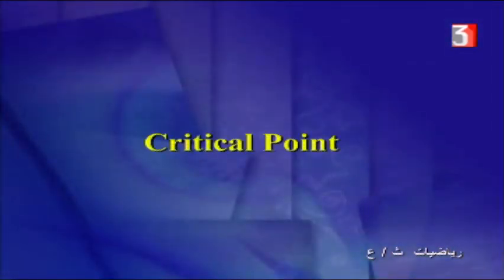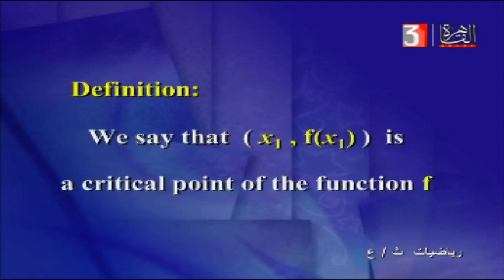Now let us discuss the concept of critical point. Definition: we say that the point x1 and f of x1 is a critical point of the function f if one of the following is satisfied.